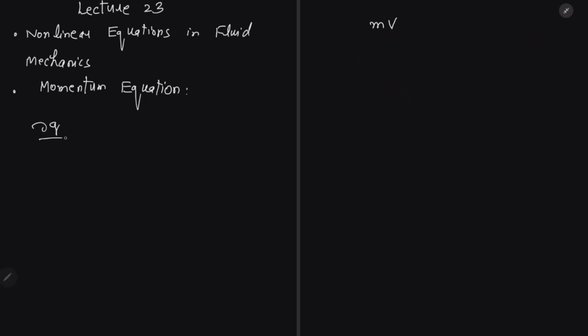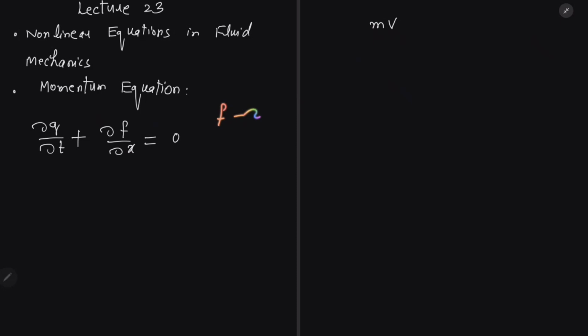So let me go back and write the flux. I should first write the general equation: partial Q by partial t plus partial F by partial x is equal to 0, where F is the flux. When we changed this flux to u times density, we got one equation.